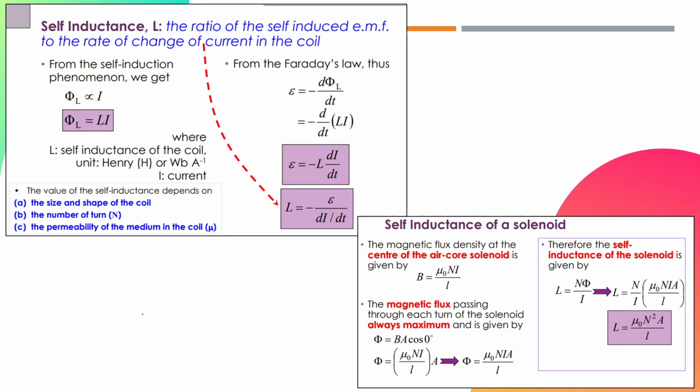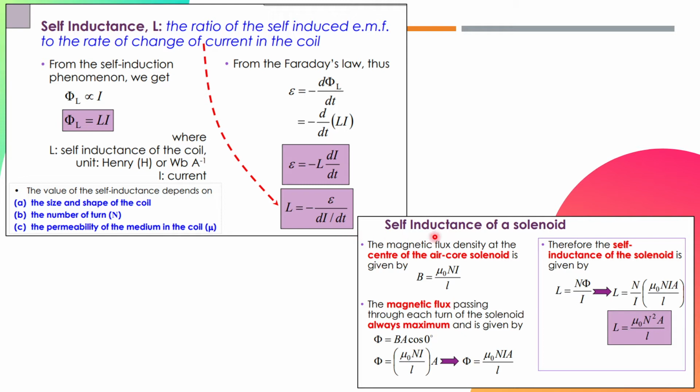Okay, so this is the definition of self-inductance. I'm sure that you have learned it in your class. The definition of self-inductance, L, is the ratio of the self-induced EMF in the solenoid to the rate of change of current in the solenoid. Here dI/dt stands for the rate of change of current in the solenoid.